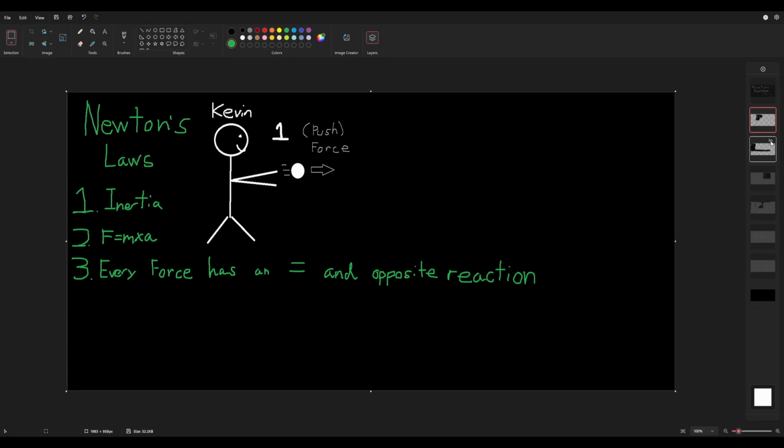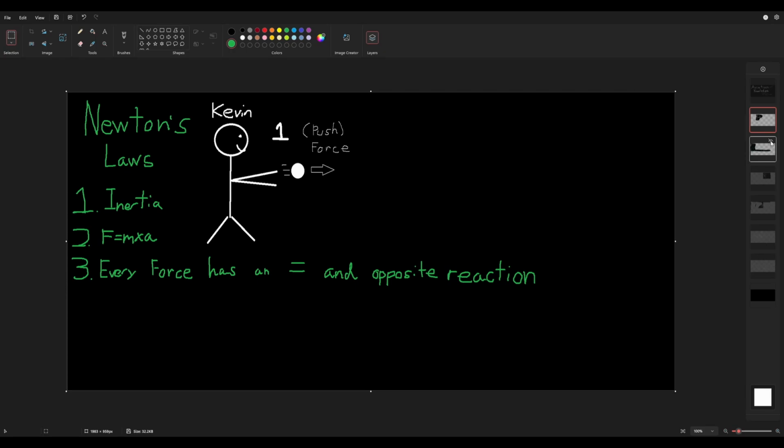The more mass or material you have, the more force it will take to accelerate it. So again, as an example, it's a lot easier to throw something like a baseball up to 60 miles an hour than it would be to try and throw a brick up to 60 miles an hour. The difference being baseball has a lot less mass than a brick does.